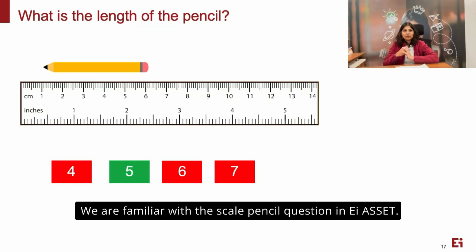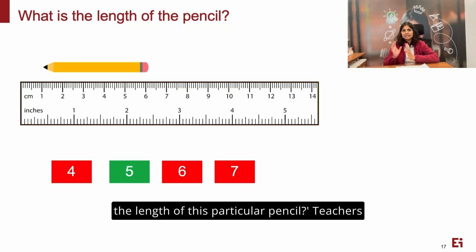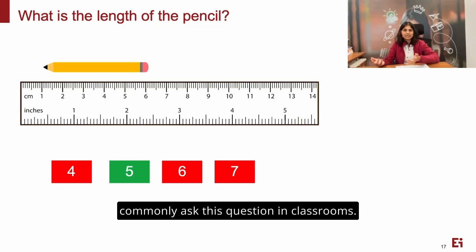Another example that all of us are familiar with is the scale pencil example that we normally talk about when we talk about ASSET, right? Now, it's a very simple question on measurement. This question simply asks, what is the length of this particular pencil, right? And questions like these are pretty common that teachers ask in the classroom.